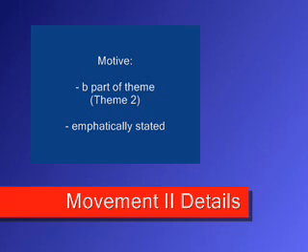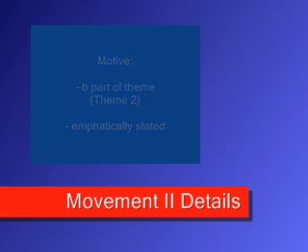And it's very clear that he really wants you to hear that. It's really clear that he wants to let everyone know that he has in fact unified this symphony by using that motive again in this movement.